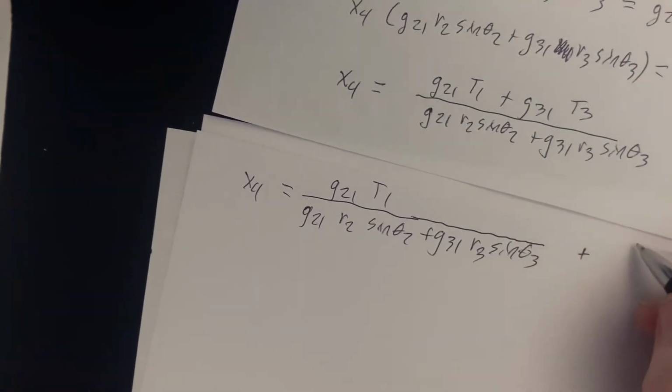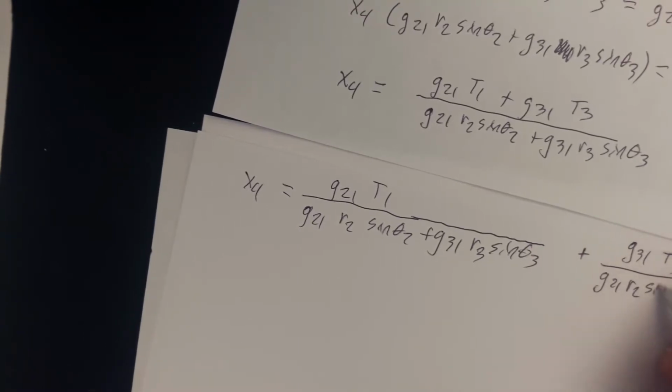And then we're going to have g31 t3 over the same thing, g21 r2 sine theta 2 plus g31 r3 sine theta 3. Okay, so what I'm doing here, I just split up the fraction that we had there, and the question was, can I make this look any prettier?